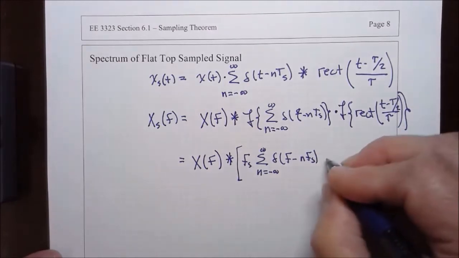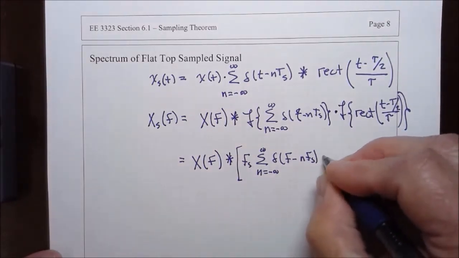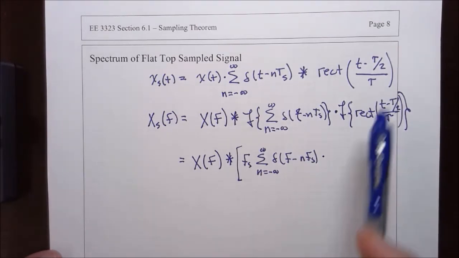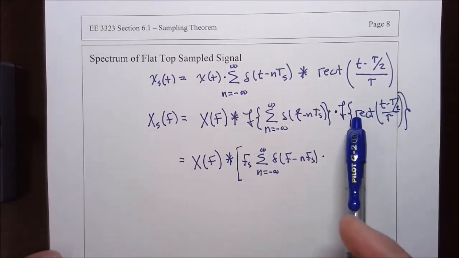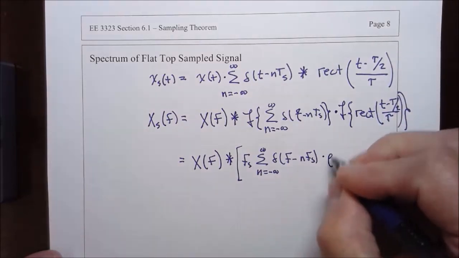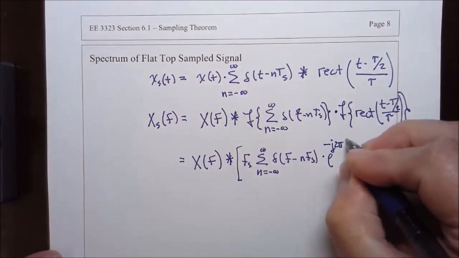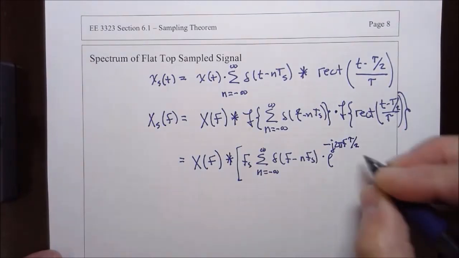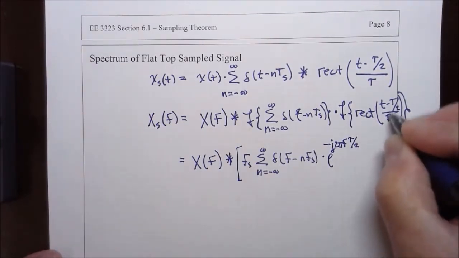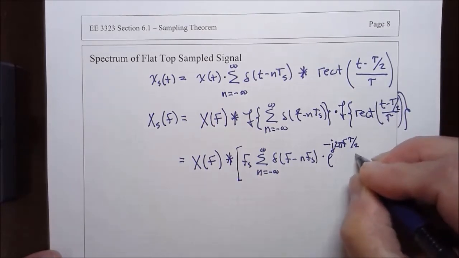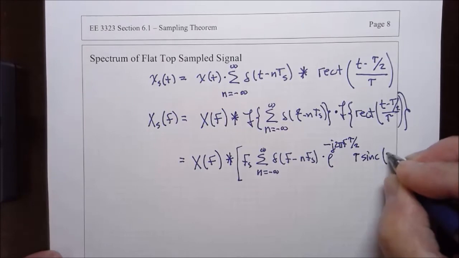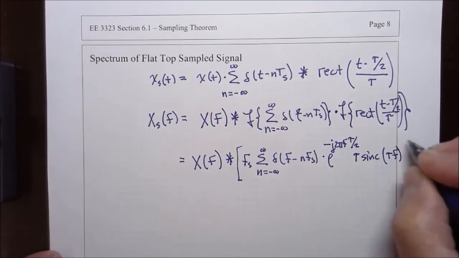And then that is multiplied by the Fourier transform of this rectangle. This has a time shift, so we get an e to the minus j 2 pi f times tau over 2. Then from the Fourier transform of the rectangle we get a tau times the sinc of tau times f.